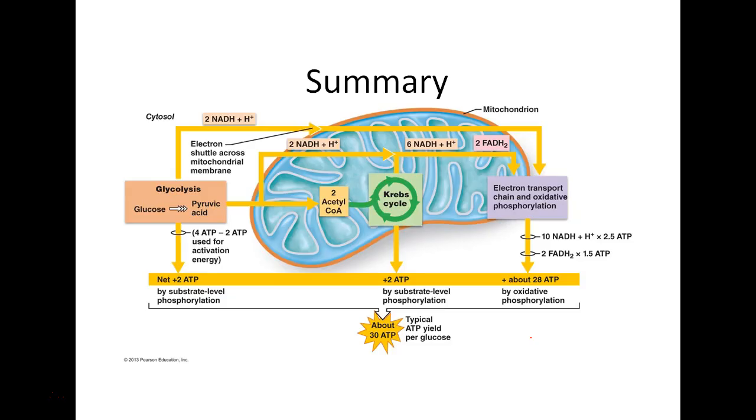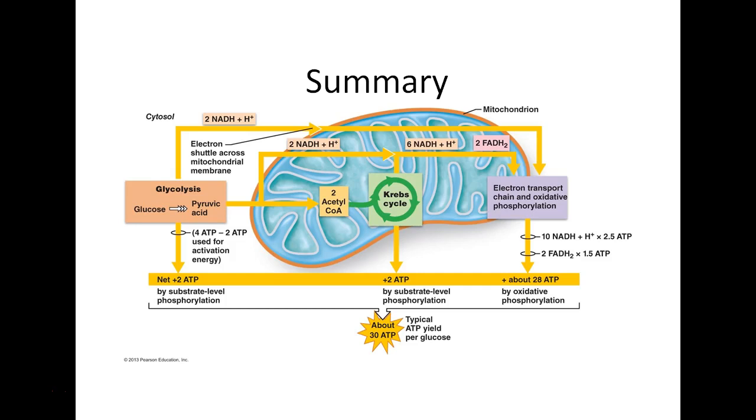Our last slide about ATP generation serves as a summary of cellular respiration. So again, in review, we have glycolysis, the intermediate phase, the citric acid cycle, and then the electron transport chain. In summary, we have a certain amount of ATP created.